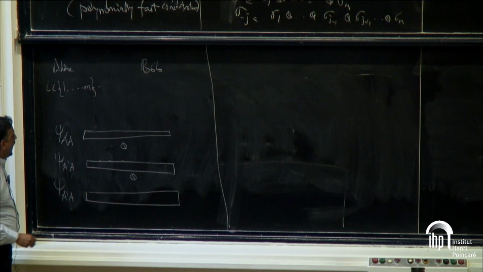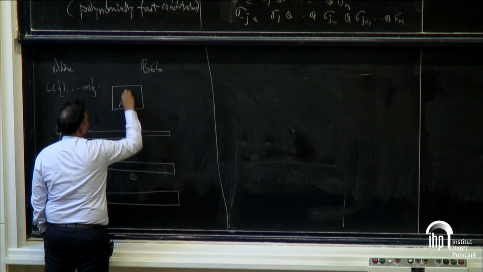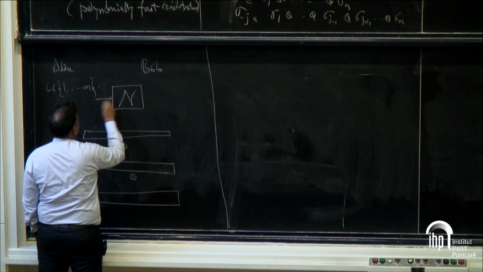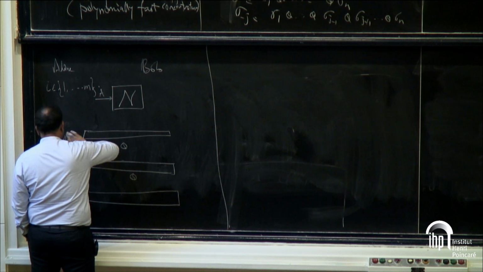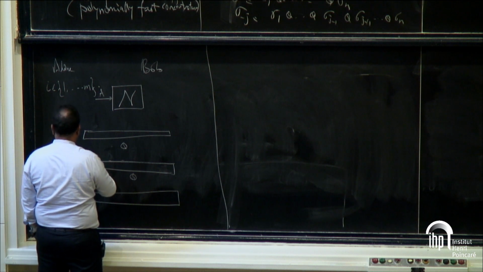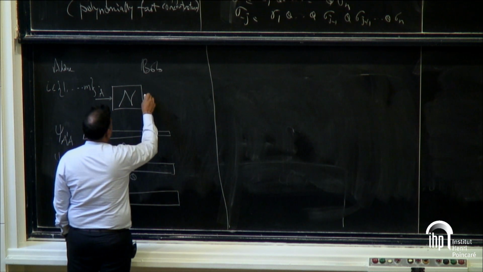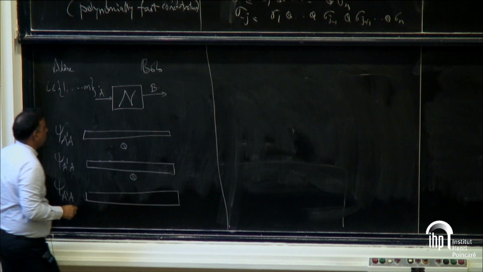Okay, and so here is the channel. Let's say it acts from A prime, let me just call it A. Yeah, but A prime and A are isomorphic, and then it goes to B here, okay.